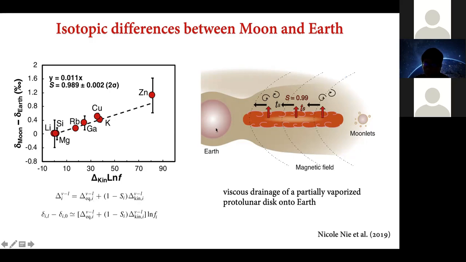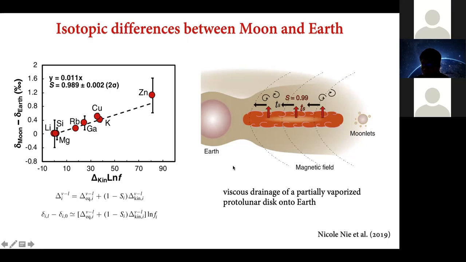But under such conditions, this one is very small, which can be ignored. So we can see they found that when the evaporation happens at, for example, 98 to 99% saturation, the kinetic effect dominates, and the isotope differences in those elements between Moon and Earth can be well explained.